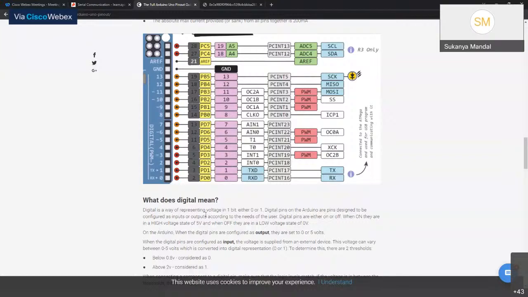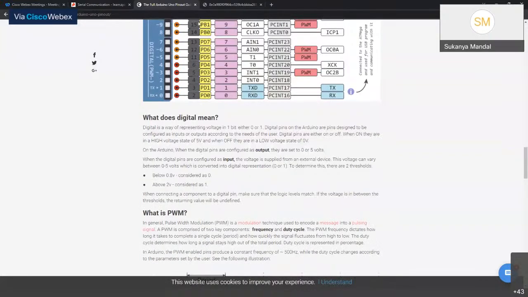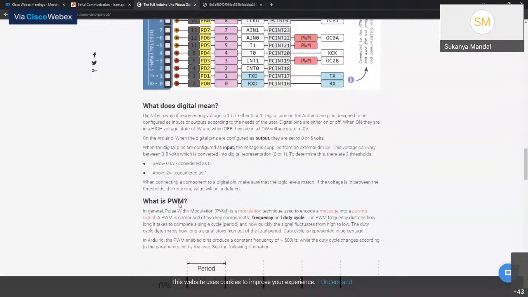Now, by default, these digital pins are configured as output. If you configure a pin as input, voltage is supplied from an external device. The voltage can vary anywhere between 0 to 5 volts, which is converted into bits, either 0 or 1. Now, one thing to remember is the thresholds.